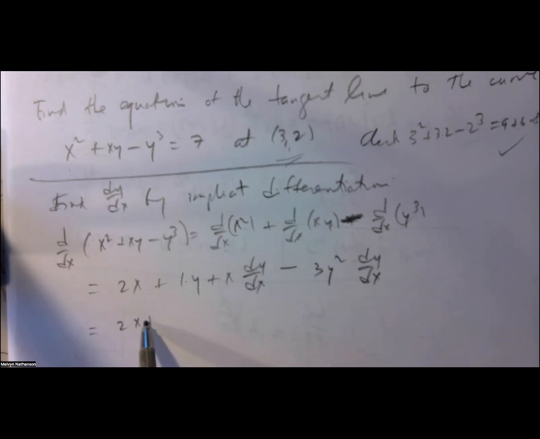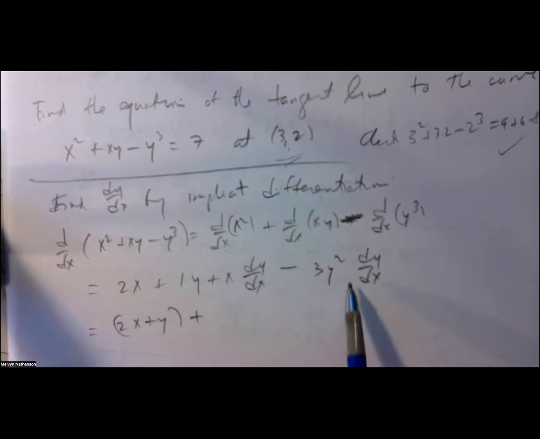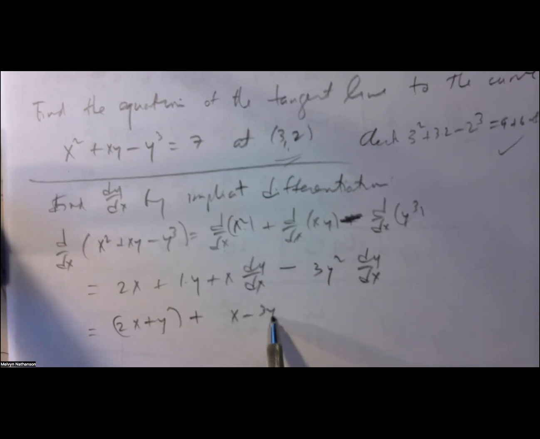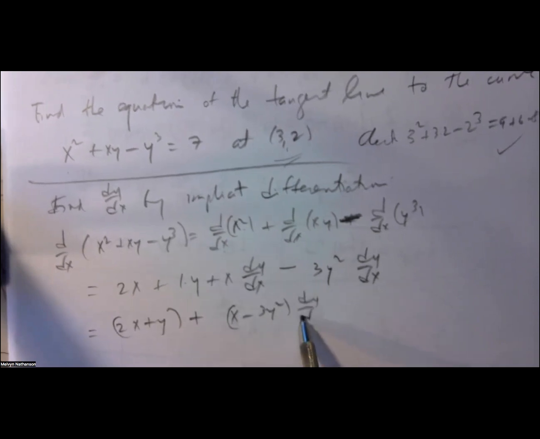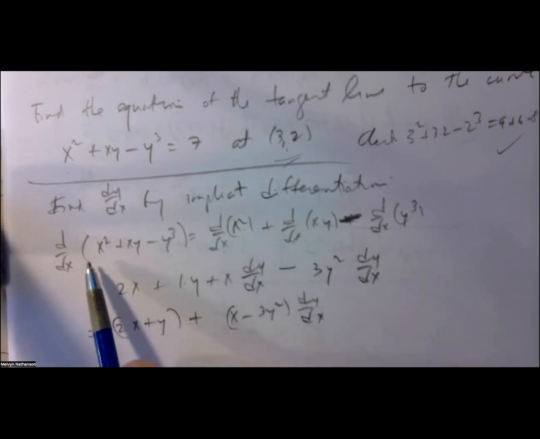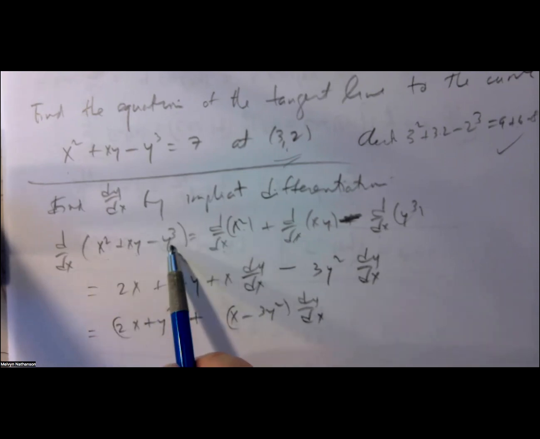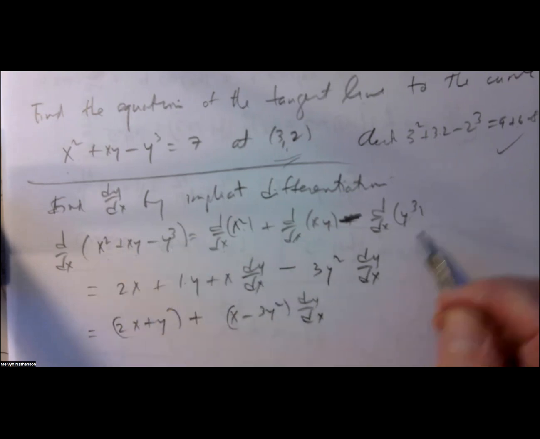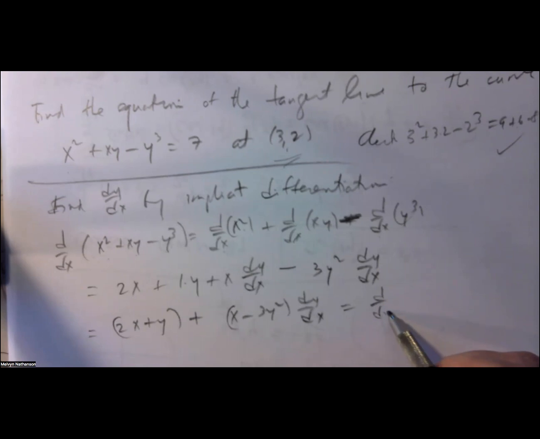So what I have is 2x plus y plus, I can factor out the dy dx, x minus 3y squared dy dx. That's the derivative of x squared plus xy minus y cubed. But that's always equal to 7. This is exactly the same as the derivative of the constant function 7, and the derivative of a constant is 0. So I have this plus this equals 0.